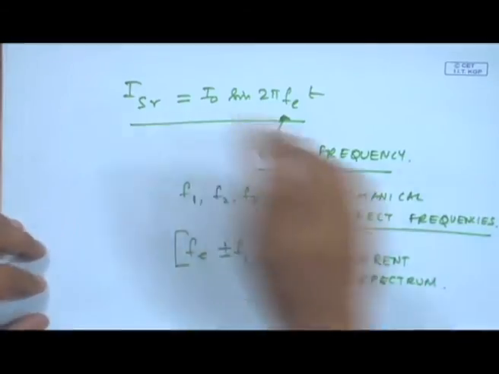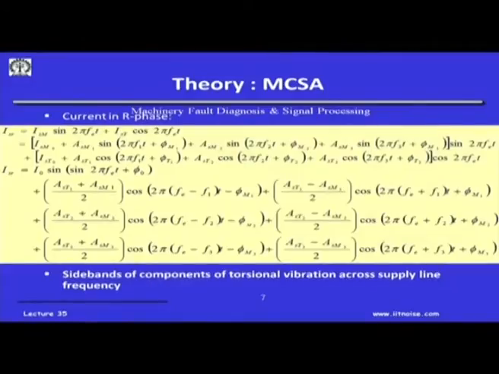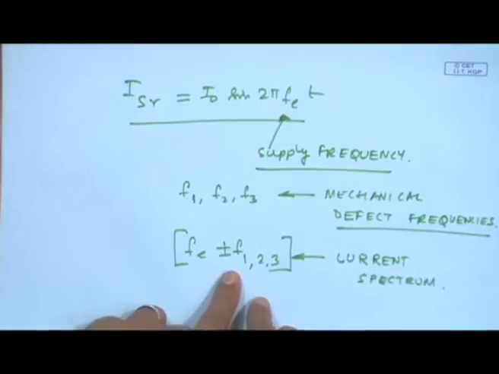Looking at this, I will know that they are modulating the torque which is created because of a fault, and this torque is modulating the current, and because of modulations again I am seeing side bands.